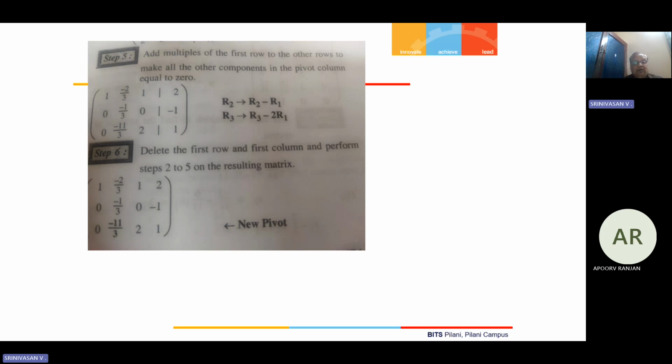The absolute value of minus 11 by 3 is maximum. So that is now rearranged. New pivot. See, it's shown here. New pivot.